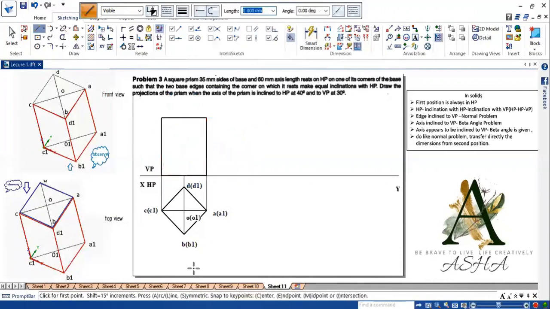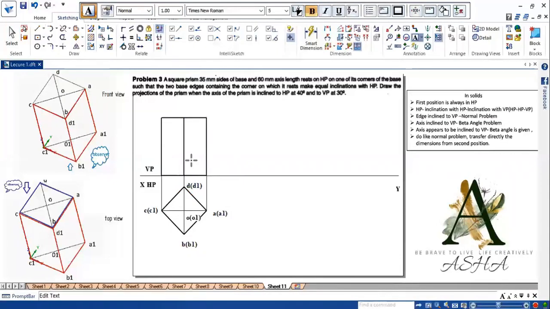When I have to draw the front view, the viewer will be at the bottom. I can see CC1, BB1, AA1. DD1 will be hidden, also O and O1, which will be at the back. So I can see B, so make BB1 also visible.